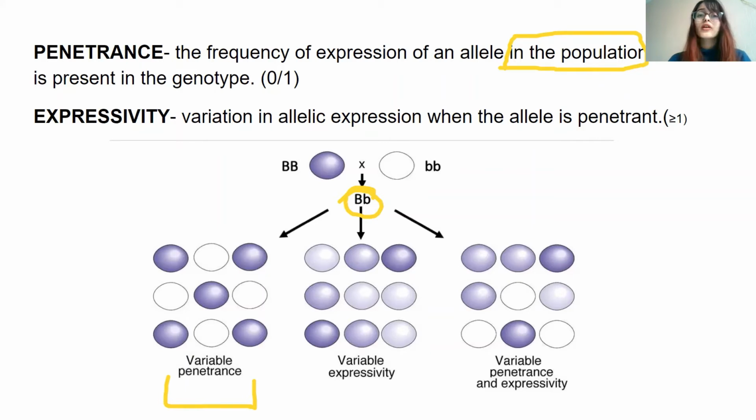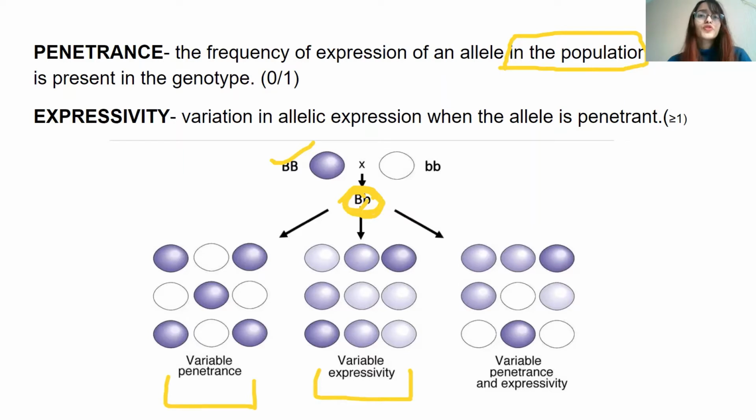So when we are talking about the expression of an allele in a population, we are talking about penetrance. It is either there or it is not there. And expressivity is the variation in the allelic expression when the allele is penetrant. So when we're talking about expressivity, we already know that the gene is penetrant. So for example, hair. All of them inherited a capital B, which is hair denoted by a violet color.